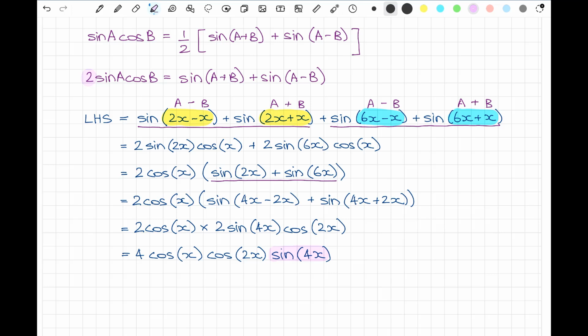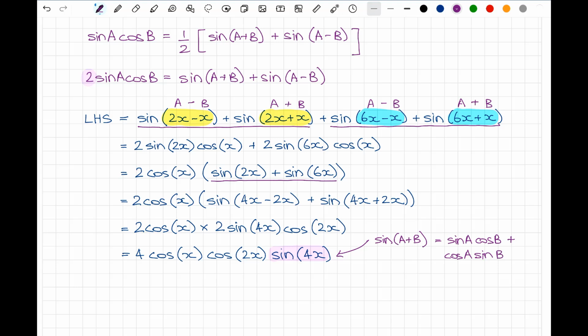And the result that we can use, a slightly different result, we can think of the sine a plus b, that result, which is also on your reference sheet, as being equal to sine a cos b plus cos a sine b.